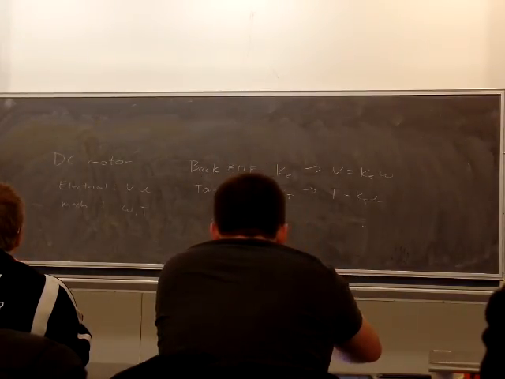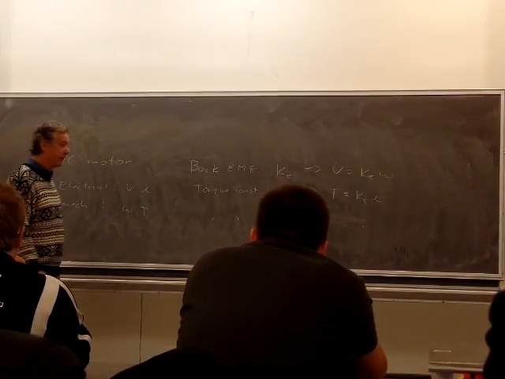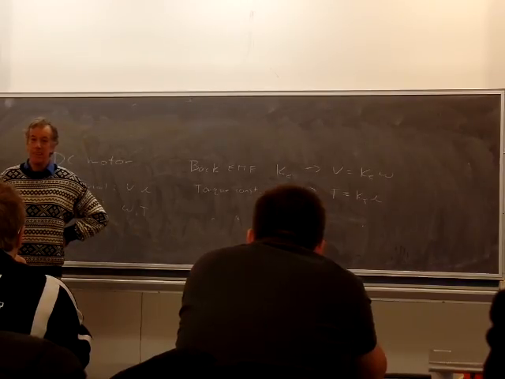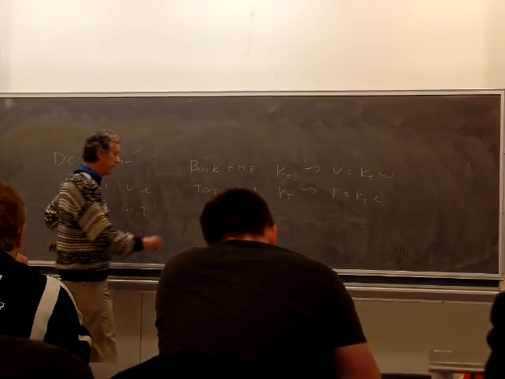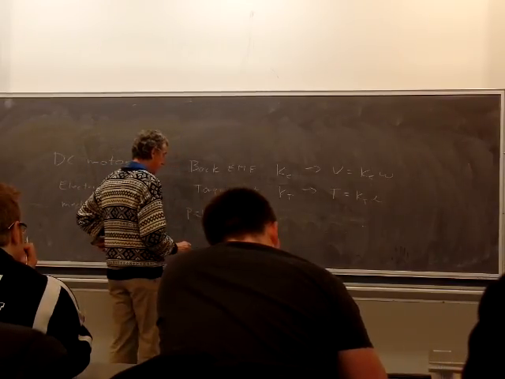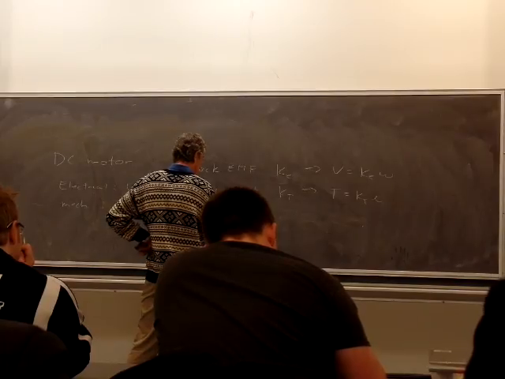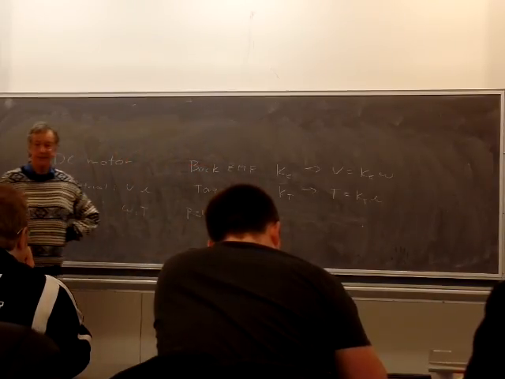Okay. Now, if I have a perfect motor, perfect efficiency, power in must be power out. Well, power from electrical is what? And power from mechanical is torque and speed. Right? Now look at this.